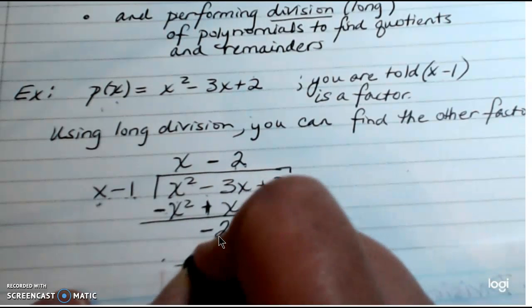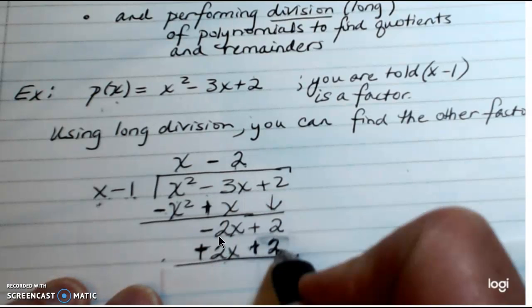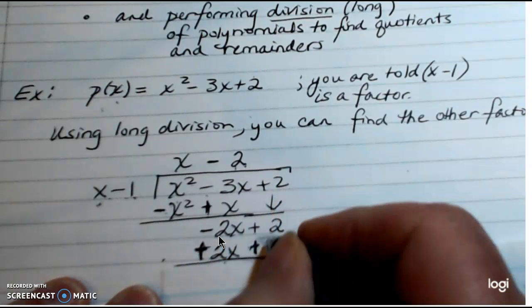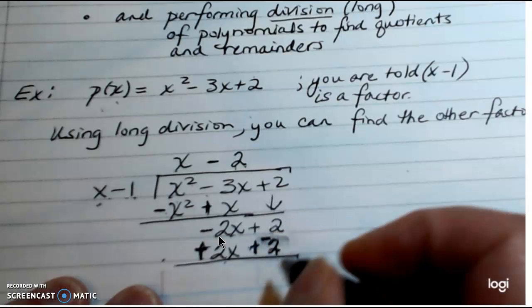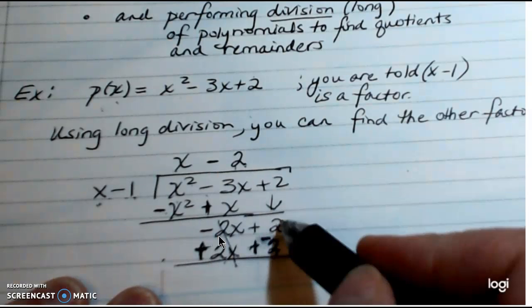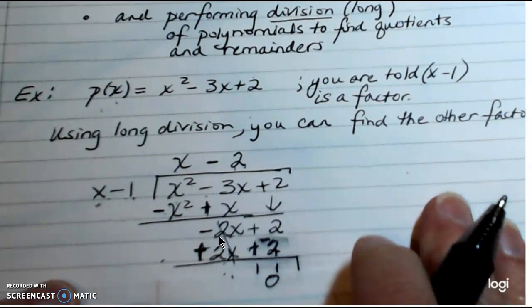So this was a negative 2x and a positive 2. But because you have to subtract this off, change that sign to positive and this sign to negative. You take the opposite of the signs. This cancels out, and 2 plus negative 2 generates a remainder of 0.